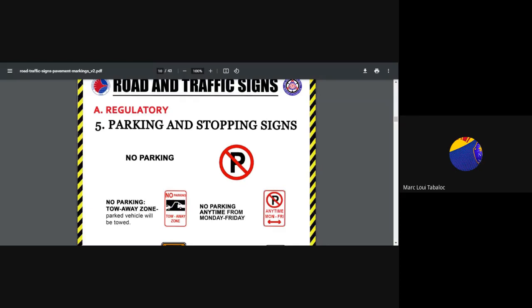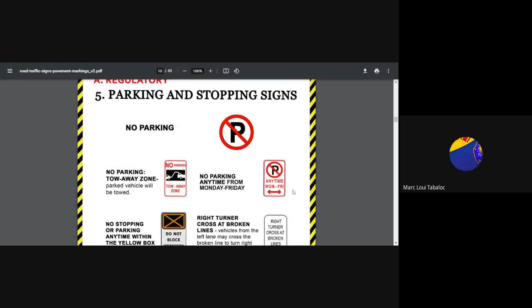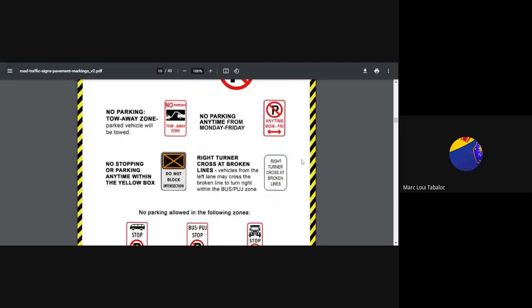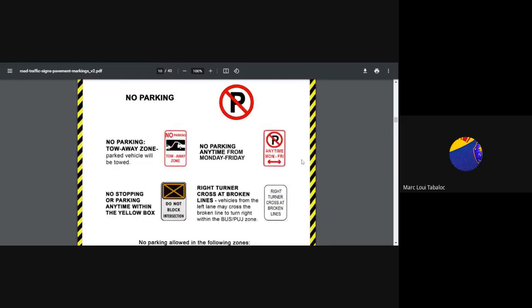Pero pag walang emergency, no parking. Regardless of who you are. So, commonly, they are either itong mga vertically rectangular shape na signs or circular signs. Nakikita ito, do not block the intersection, pero dira nagparking. Diba?